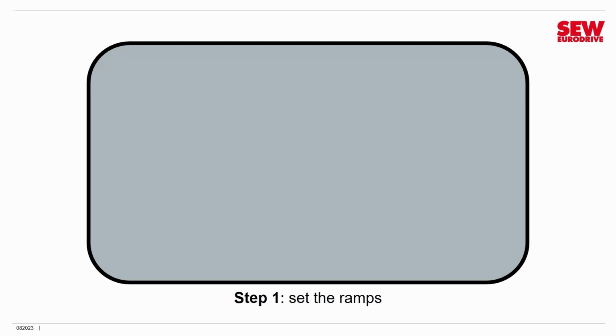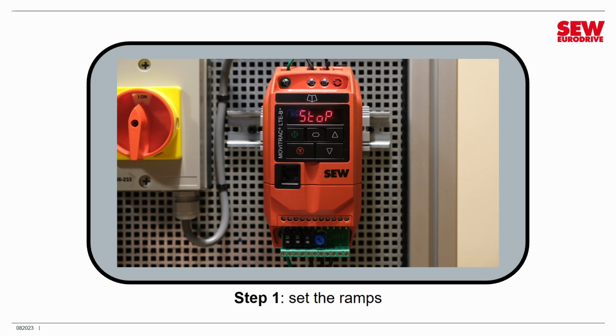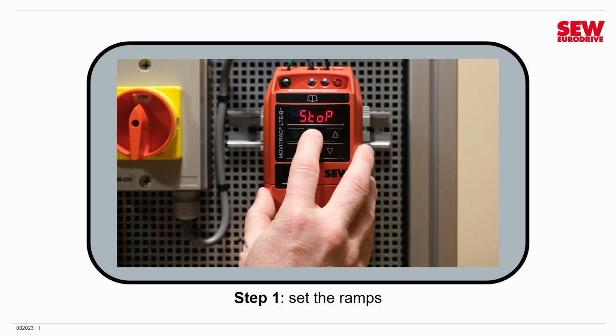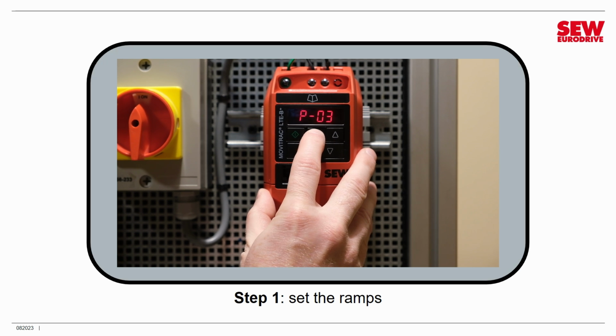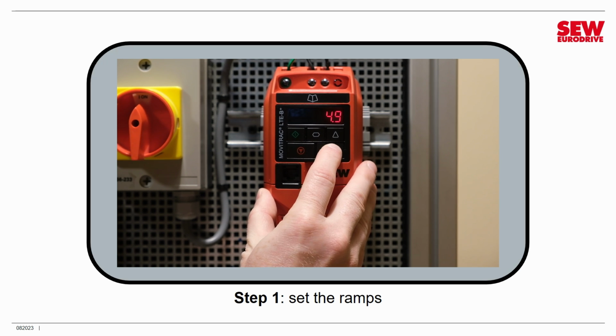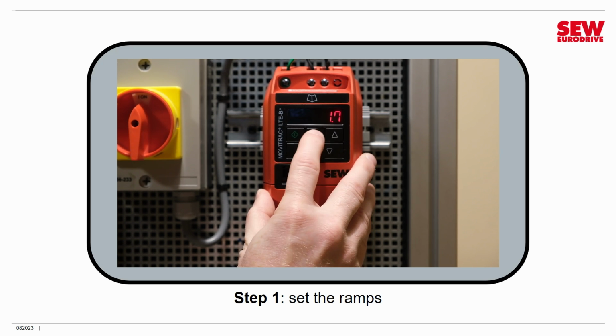So here we go. Let's go ahead and set up the ramps. What we need to do, of course, first is get into parameter edit mode by holding down the navigate button. Then we navigate to parameter 0.3 and we hit navigate again. And we enter our time, 1.7 seconds. And once we set that, we hit navigate.